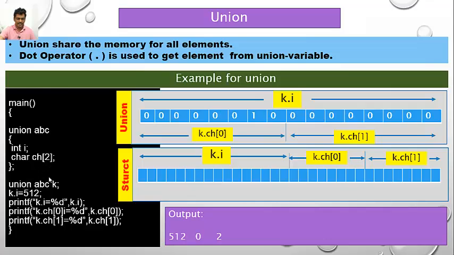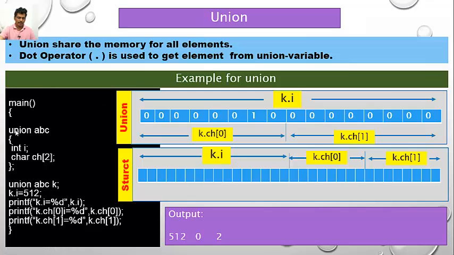What is the size of the union? i requires 2 bytes, ch of 2 requires 2 bytes, float f requires 4 bytes. Which one is biggest? f is the biggest, so it allocates 4 bytes. The 4 bytes are for f, the first 2 bytes for i, the first byte for ch of 0, and the second byte for ch of 1.